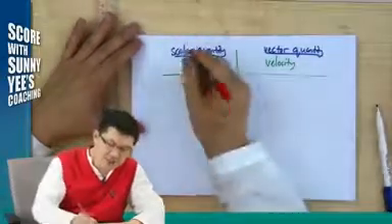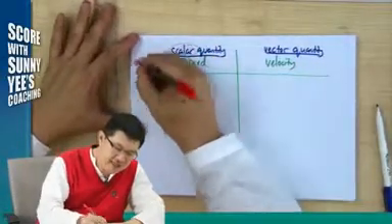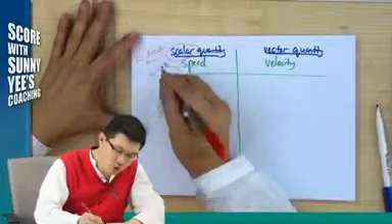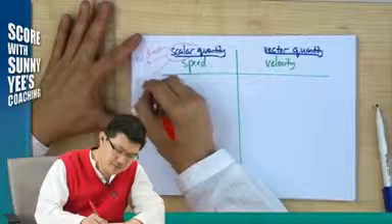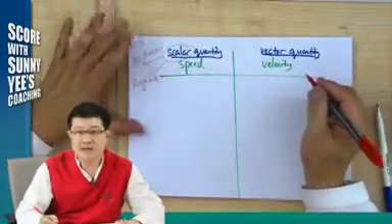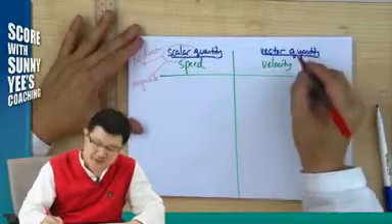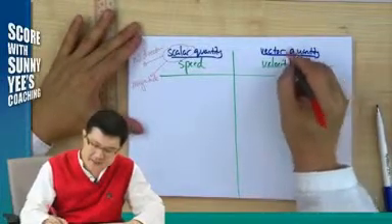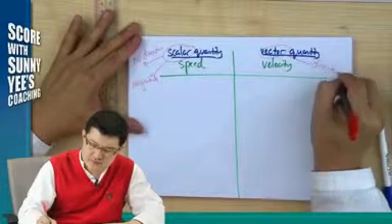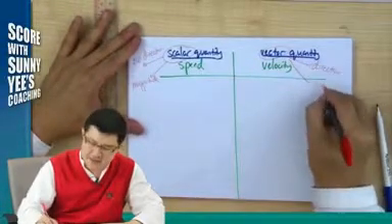When we say scalar quantity, it has no direction. It has only got its magnitude. Whereas a vector quantity has direction and it has magnitude.